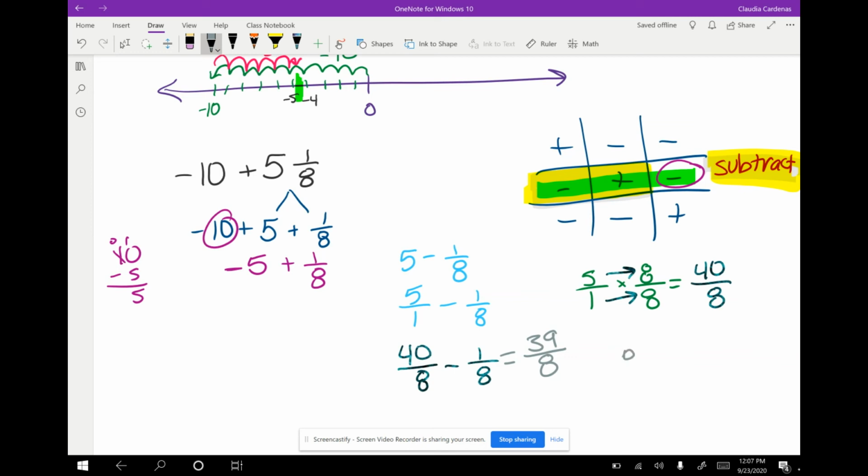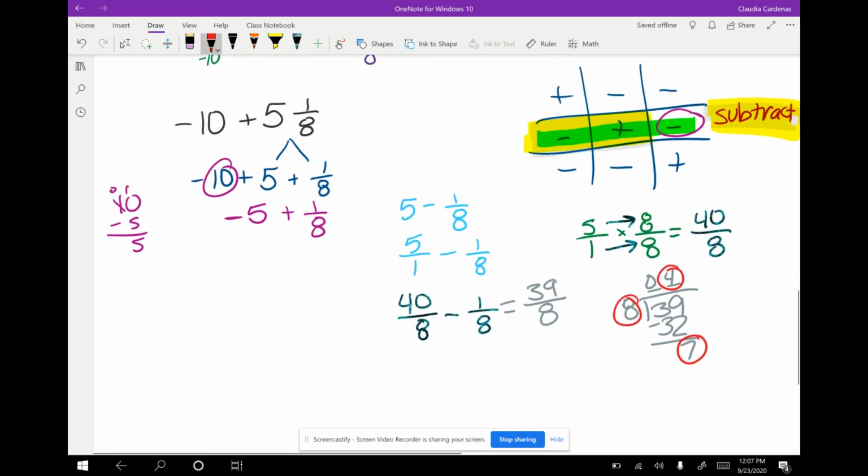So we know we're going to divide and see how many 8s go into 39, which I see is 4 times. And then we're going to stop, and instead of changing it to a decimal, we're going to leave it as a mixed number. So reviewing our mixed number rules, I know that I have my 3 parts to my mixed number here in our division problem. So 8 goes into 39 4 whole times, with a leftover of 7 when we cut them into 8 pieces.